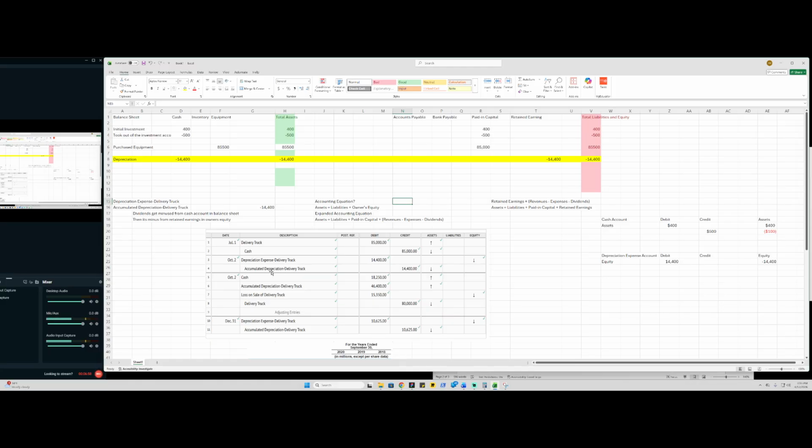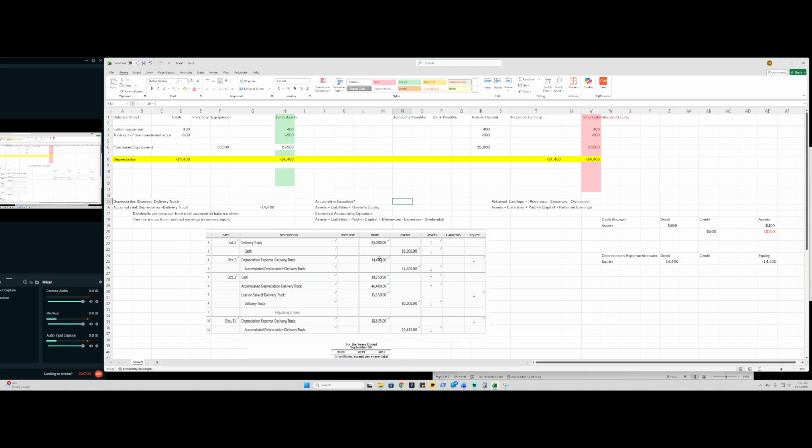When you calculate depreciation, amortization, or depletion, you write it in the journal entry, like I'm going to debit the depreciation expense.